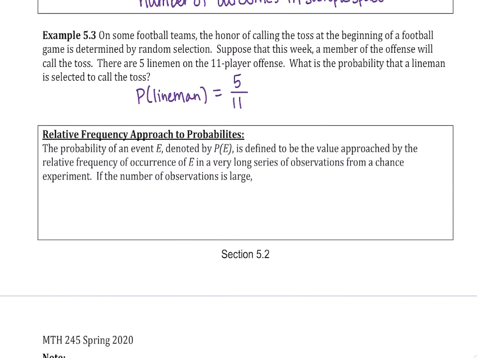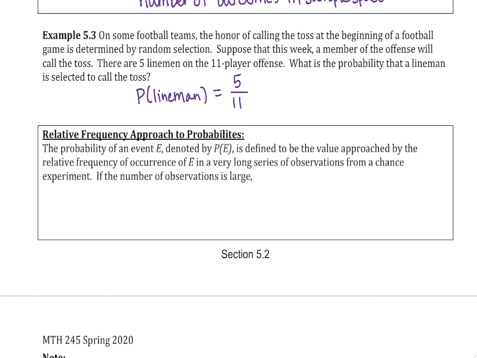Now, the relative frequency approach to probabilities is similar to the classical approach to probability. However, with the classical approach to probability, we were looking at the sample space and we were determining the outcomes in a particular event out of that sample space. When we're looking at the relative frequency approach, we're going to use a set of observations.